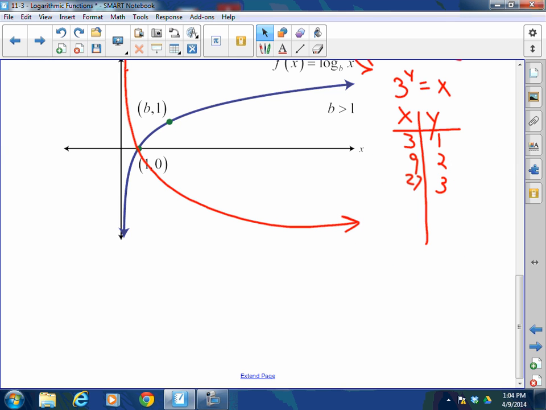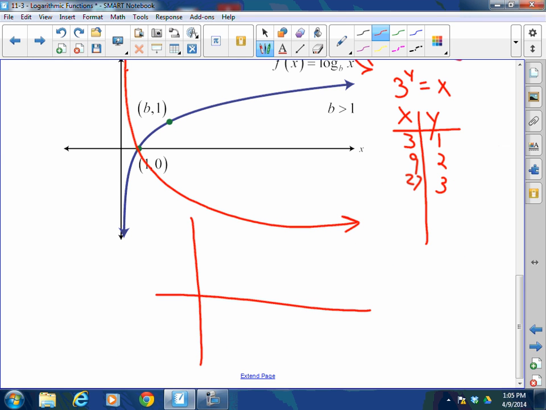So let's just make a little graph here. I'm going to estimate the numbers. So here's 1, let's just say here's 2, and here's 3. For my x's, let's say that's 3, that's 9, and just for giggles, that's 27. So this would be 3, 1.